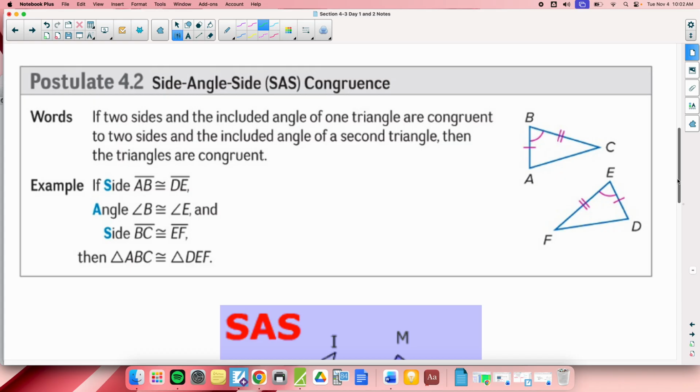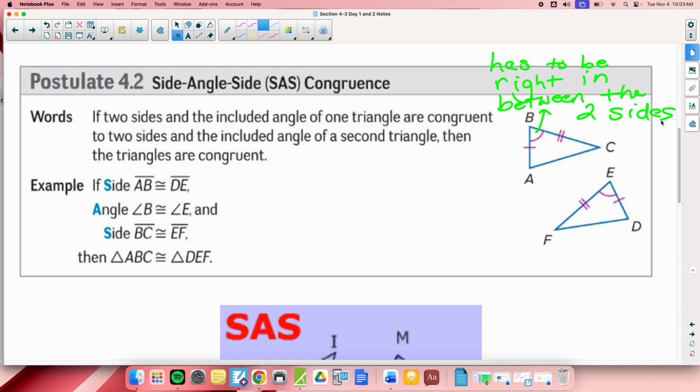When you do side, angle, side, the angle has to be right in between the two sides. Okay? For there to be side, angle, side, the angle has to be right in between the two sides.